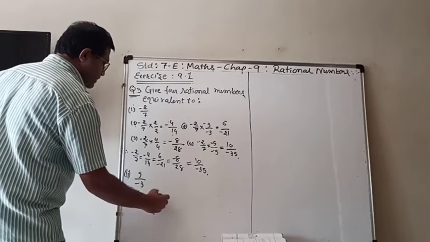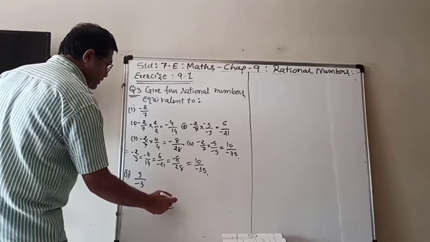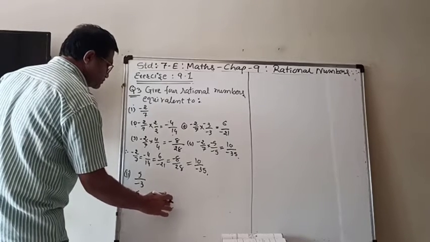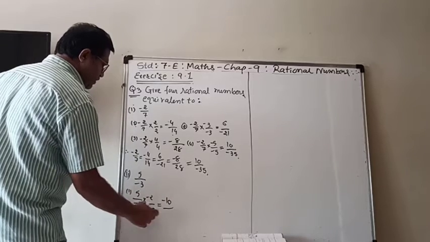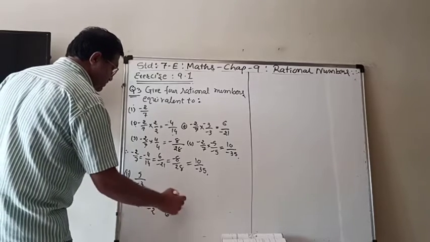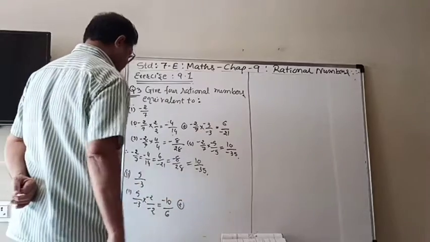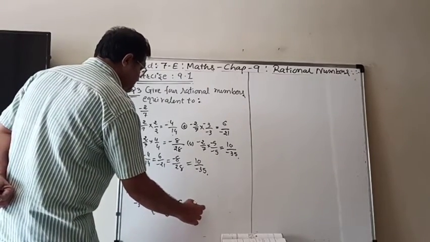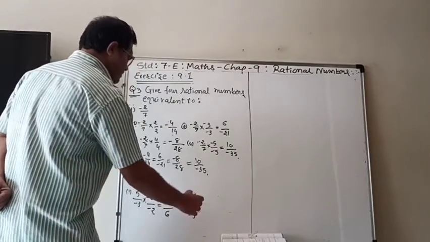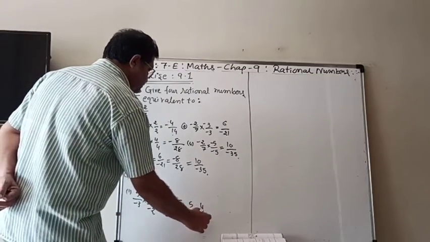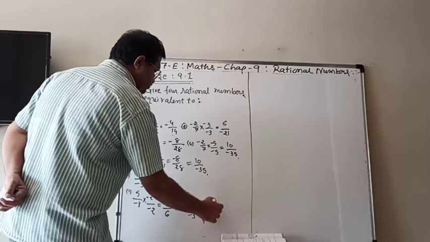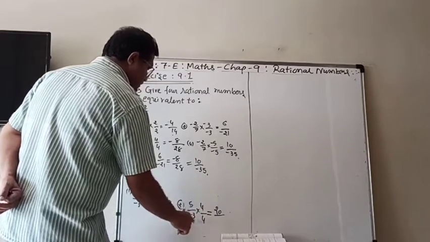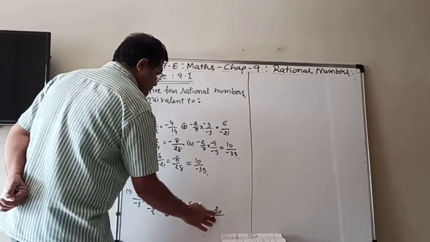That is 5 twos are minus 10 upon, negative negative positive, so 3 twos are 6. Second one, 5 upon minus 3 multiplied by, say, 4 upon 4. So 5 fours are 20 upon minus 3 fours are minus 12.